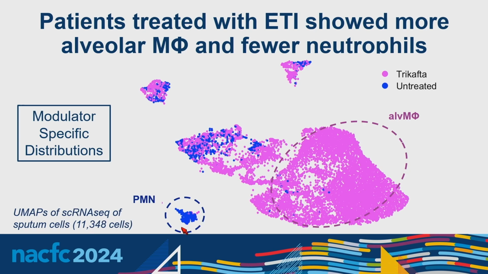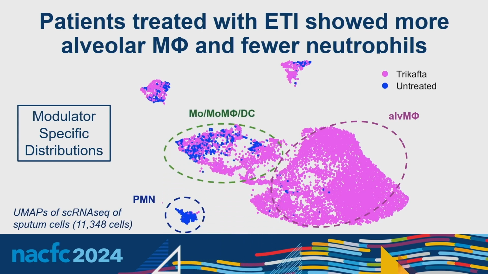Interestingly, the patients who were not on any modulator therapy showed increased number of the neutrophils and a limited number of the alveolar macrophages present in their sputum. In contrast, patients who were on Trikafta treatment showed abundance of the alveolar macrophages, whereas a limited number of the neutrophils.